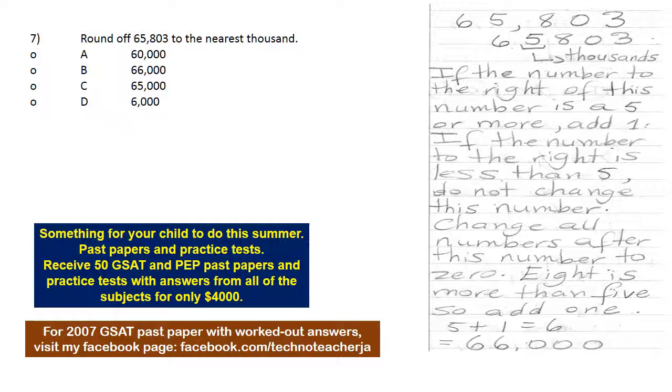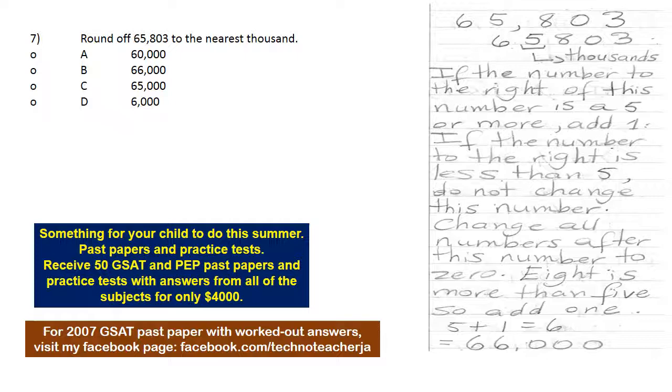Okay, so we are going to round off to the nearest thousand. That means our answer here should end with 1,000, 2,000, 3,000, 4,000, 5,000, 6,000, 7,000, 8,000, or 9,000.